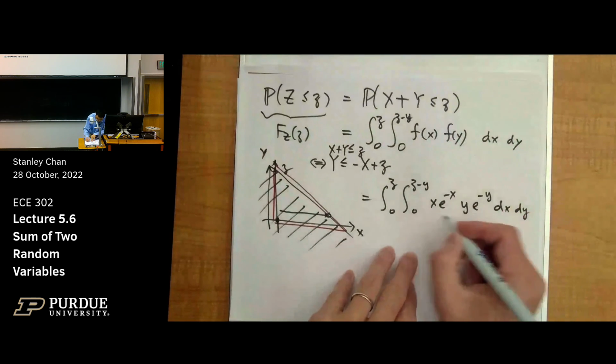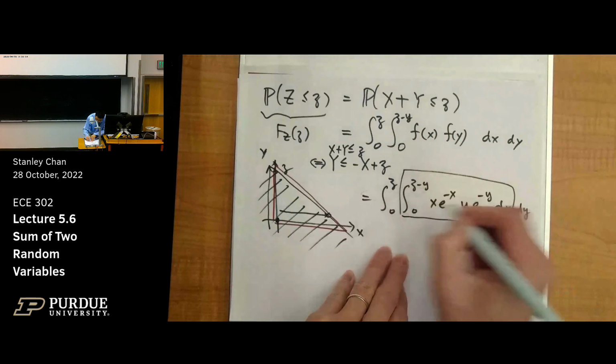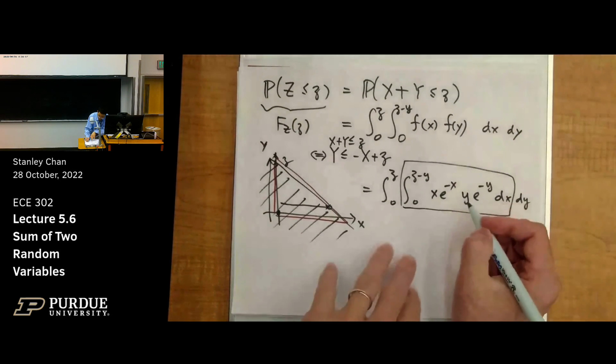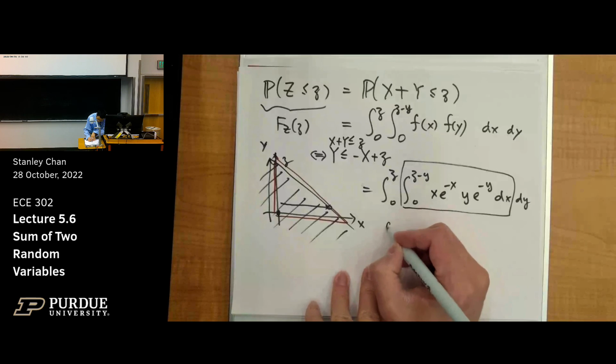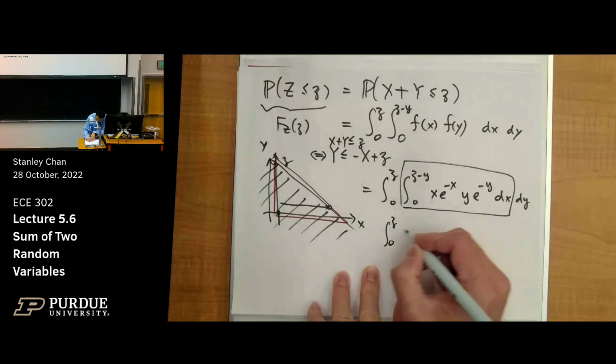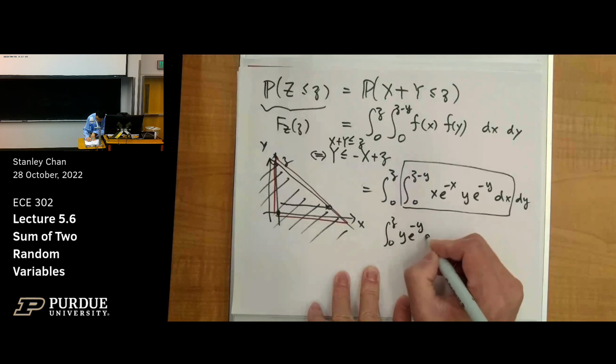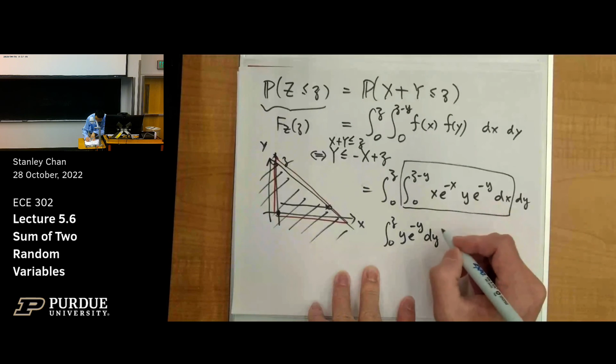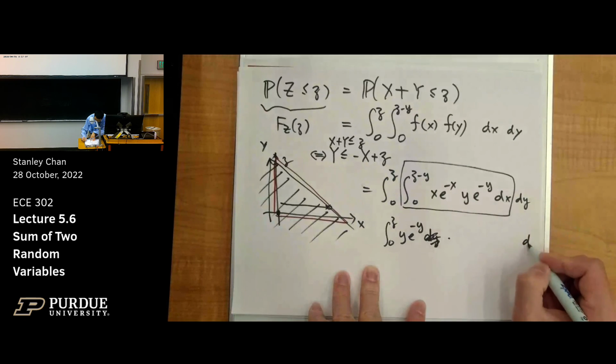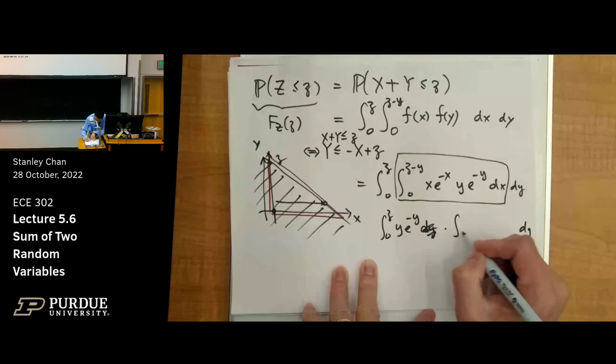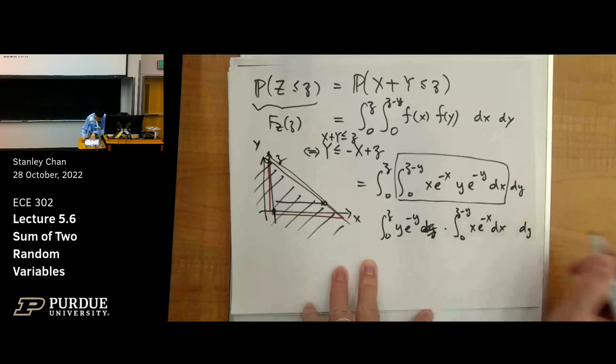Let's just integrate the inside. So if you integrate the inside, then you have this 0 to z, and then your e^(-y) will come out, dy, and of course, dy will be outside. And now you have to do this integration, 0 to z minus y, xe^(-x) dx.